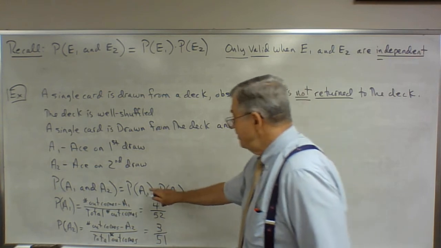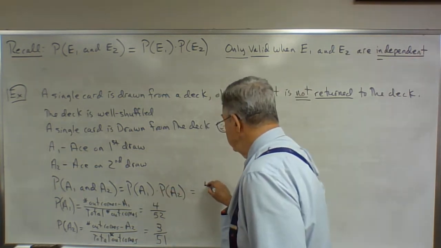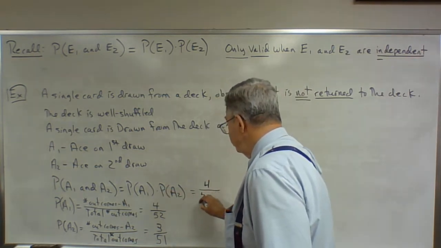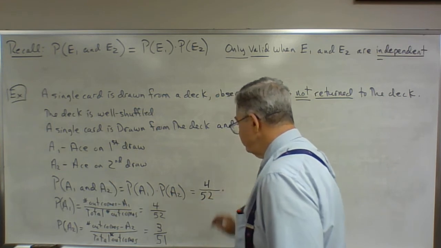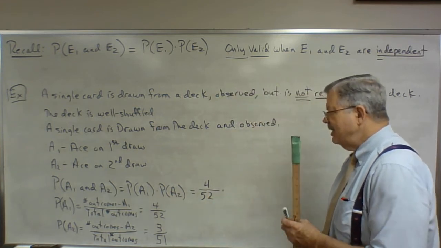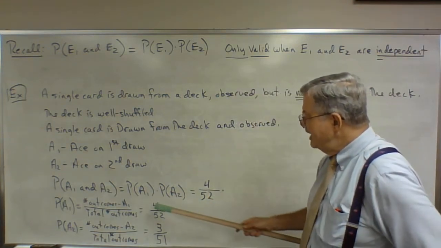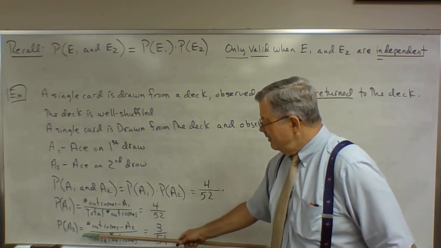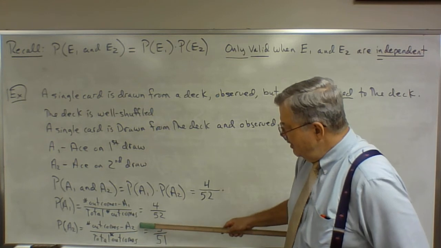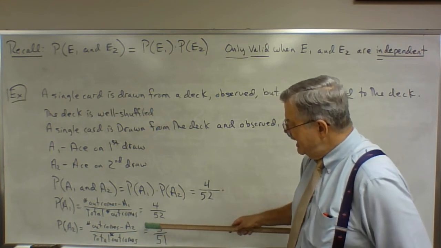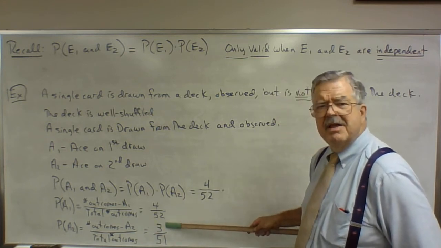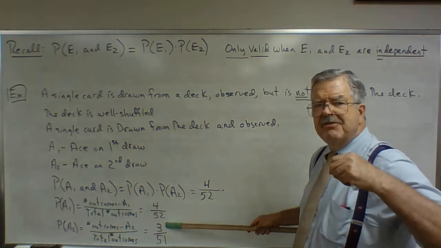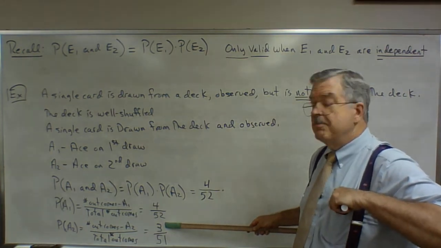So the probability of A1 occurring was 4 over 52. And then we said, okay, if we have an ace on the first draw, then when we make the second draw, the number of outcomes resulting in A2 are going to be 3, because we took one of the aces from the deck and put it in our shirt pocket.